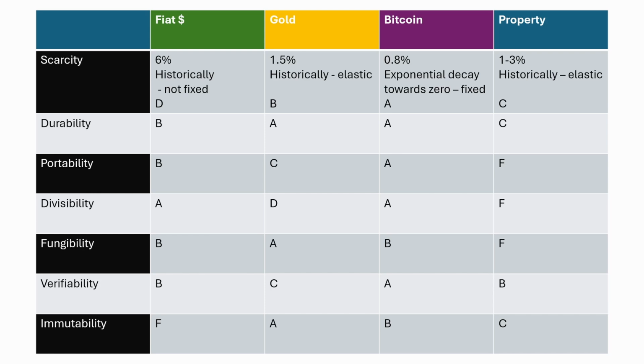And then you can see durability, portability, divisibility, fungibility, verifiability, and immutability. You can view this yourself, understanding that you want to own the money that's best on these properties. You can think about this and then you can come to your own conclusion.